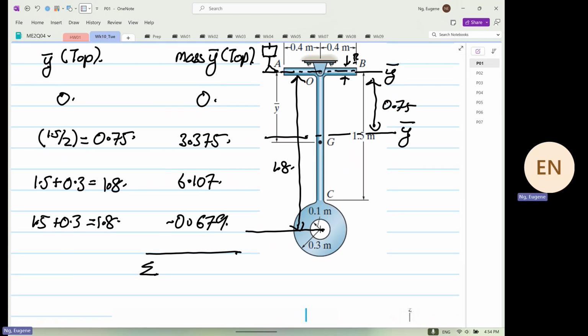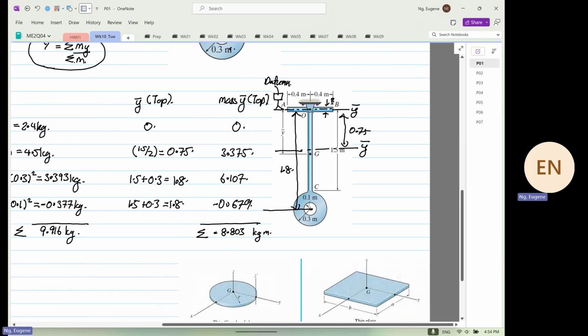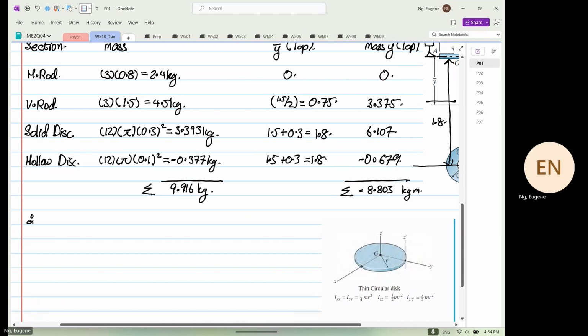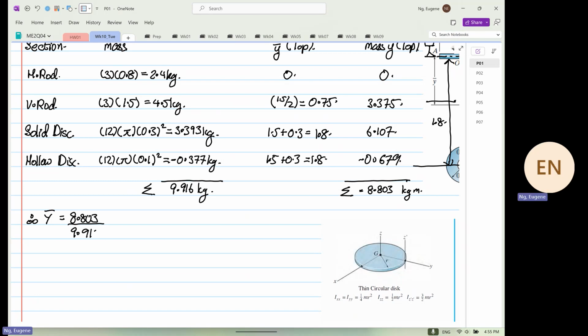So it's 8.803. So what we see over here, this is kilogram meter, okay? So therefore, the big Y bar is equal to 8.803 divided by 9.916.